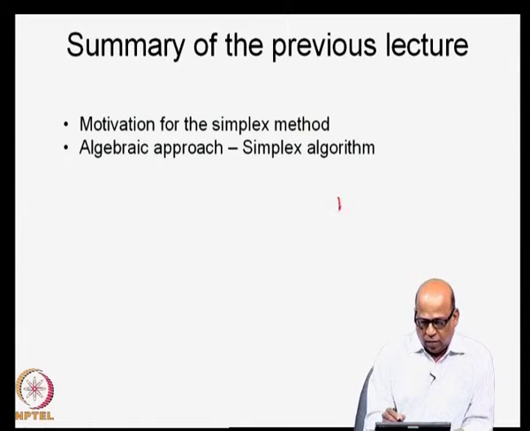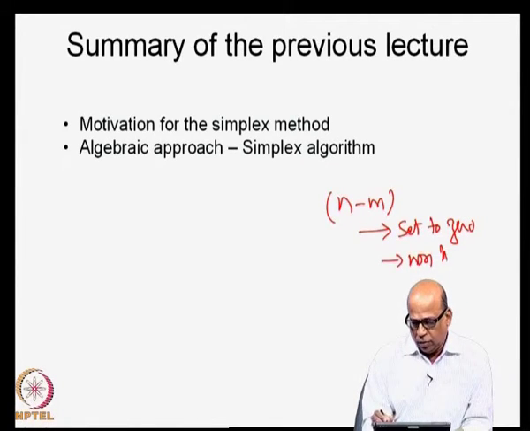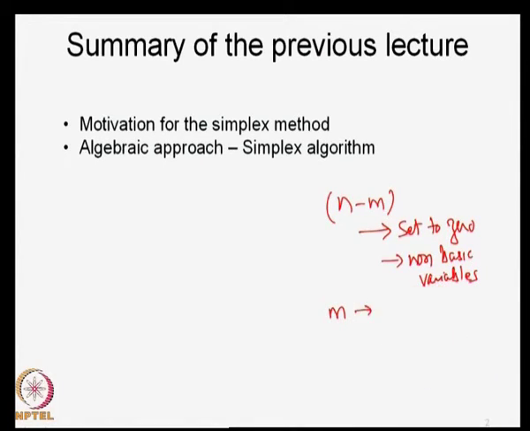So, we have n minus m variables which are set to 0, and these are called non-basic variables. Those variables which we set to 0 are called non-basic variables, and then we solve for the m number of variables, and these are called basic variables.